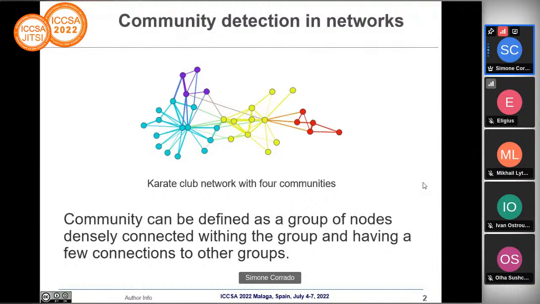And after you define it, it could become quite a challenging discrete optimization problem. One of the most popular ways to approach this problem is to define some kind of quality function that would tell you how good your partition is, and then you try to optimize this quality function by trying to find partitions.